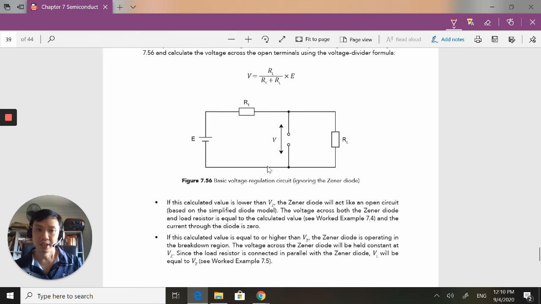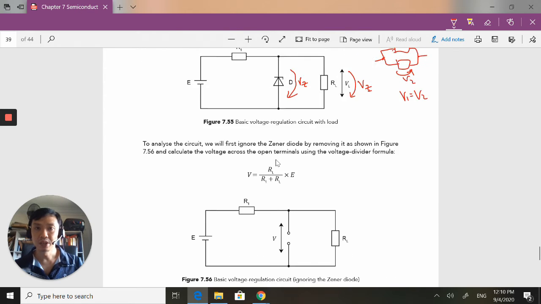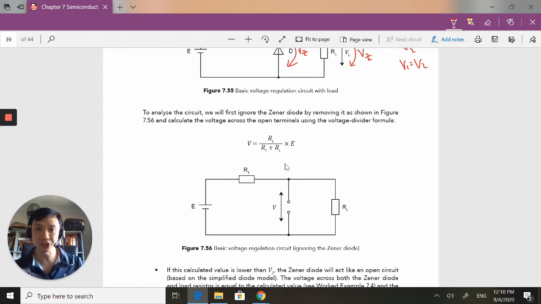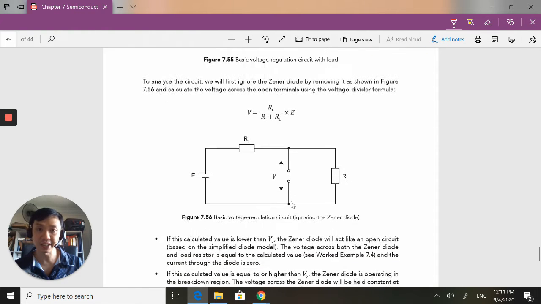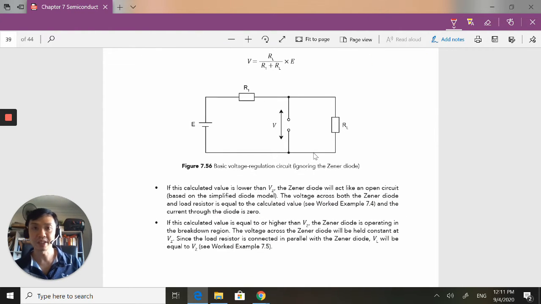If the voltage is lower than Vz, this fella acts as an open circuit. To analyze it, we treat it as an open circuit first. What we're going to do is a voltage divider. We are going to find what the voltage here is first.